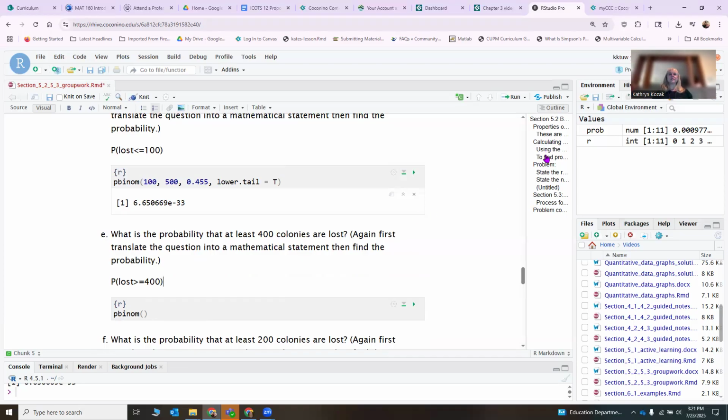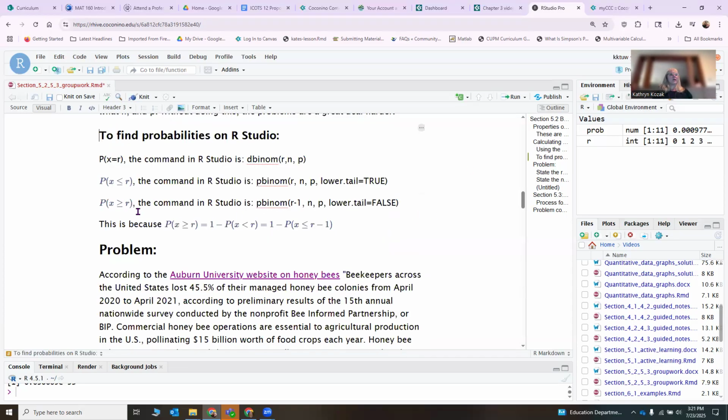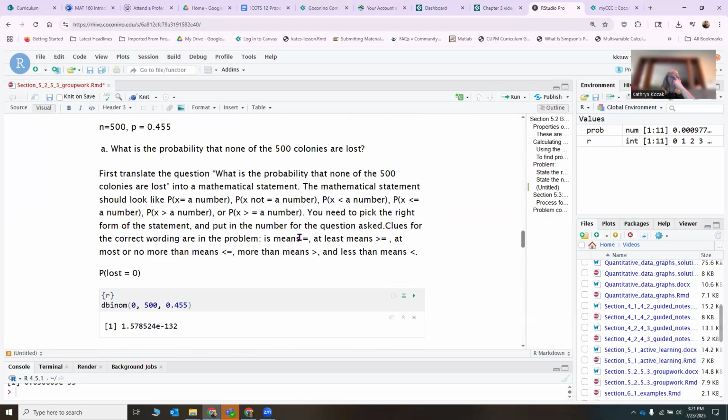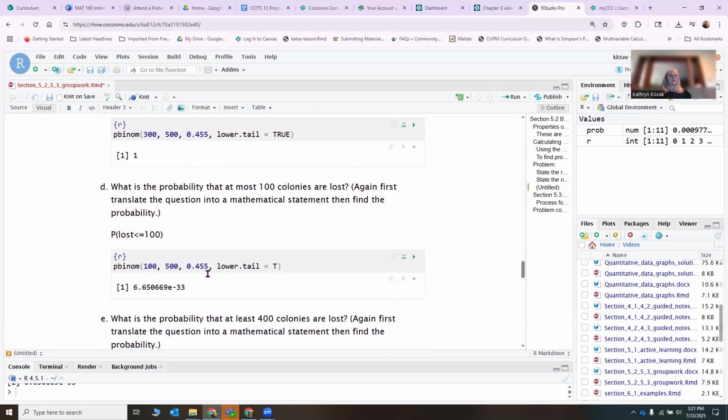Coming back up here to how we calculate these, greater than or equal to means we're doing that pbinom, but now we're going to subtract 1 from that r. Again, it's because we're saying we're at least 400, and so we want to add up everything from 400 up, or we want to subtract off everything from below 400, which is up to, but not including 400, which would be 399.